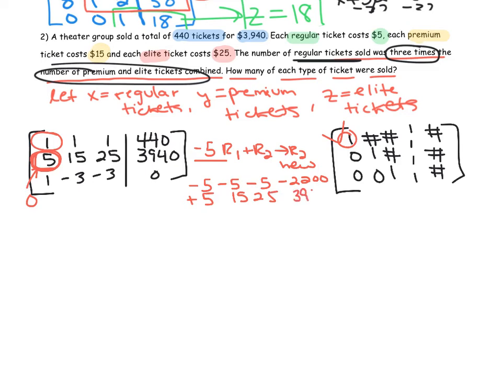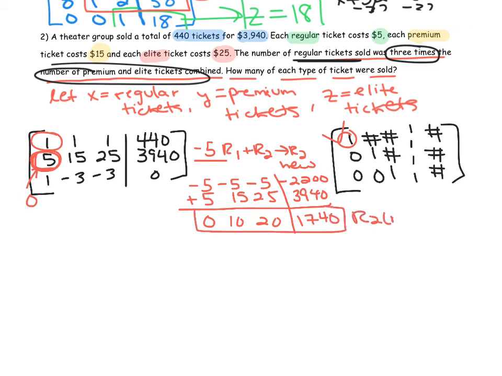Well, when we add our rows together, we'll get 0, which is what we wanted here, 10, 20, and -2,200 plus 3,940 ends up being 1,740. So now here is my new second row. This took care of making this a 0.